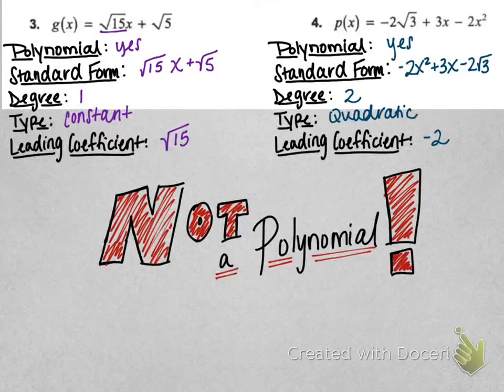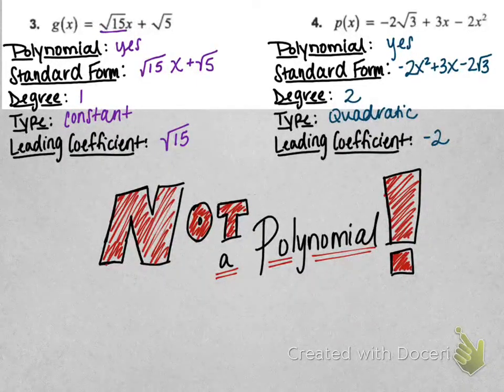So it is a good idea to have a little list of things that are not polynomials so that the next time you see it, you know for sure you don't even have to do anything, because as we did in number 2, when we had the variable in the denominator, it was very obvious, or it will become very obvious that that is not a polynomial, and we don't have to do any work for it. So there are three main things you're looking for.